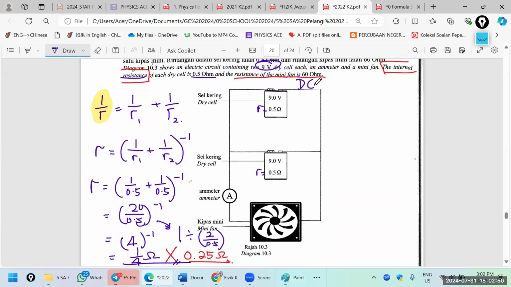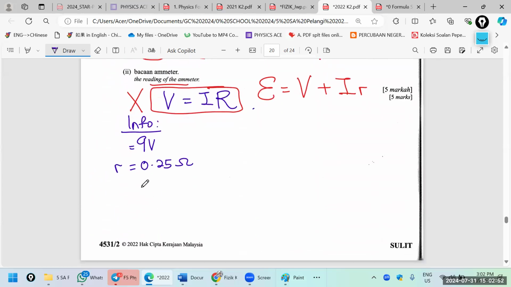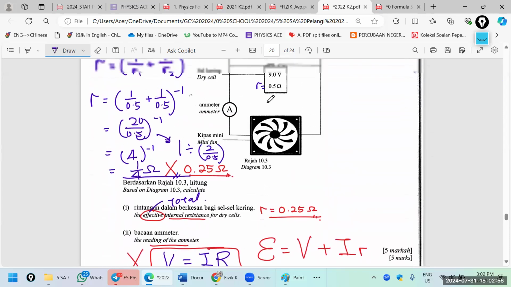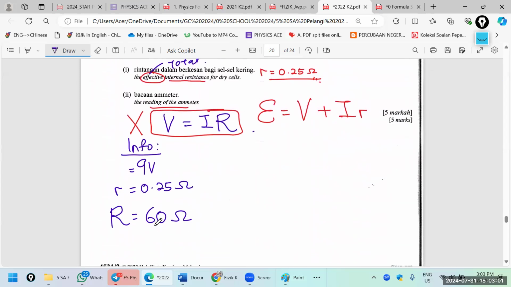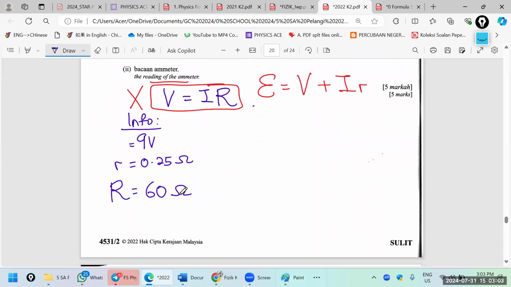Resistance of mini fan is 60 ohm. When the resistance is outside of the battery, it will be capital R. Then they want the ammeter reading, so I equals question mark.